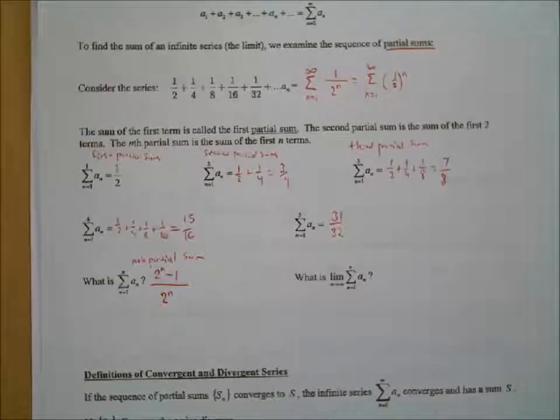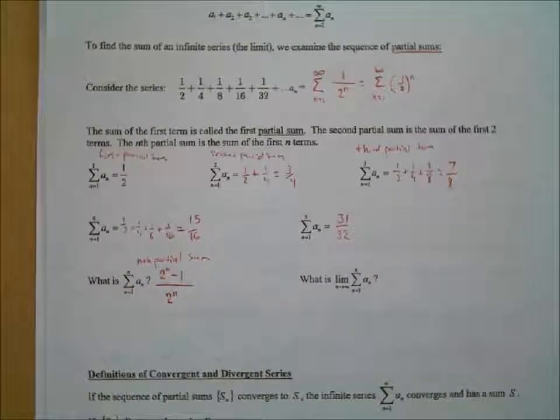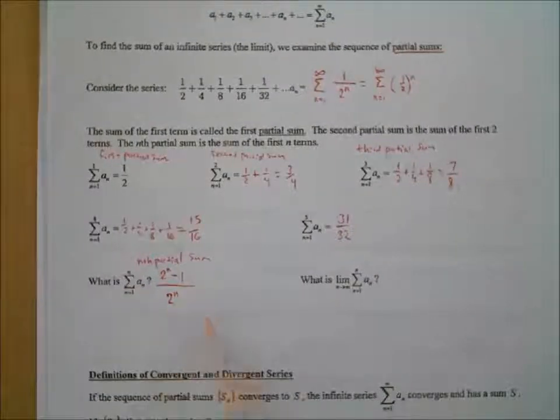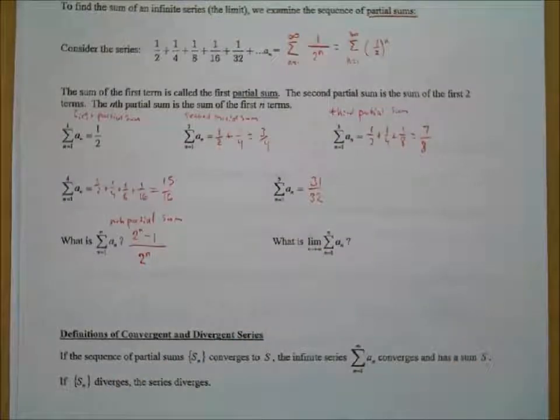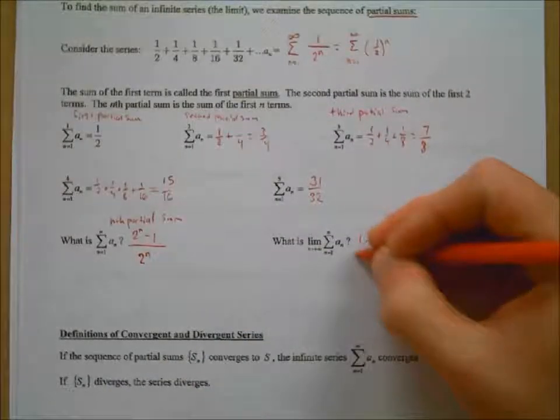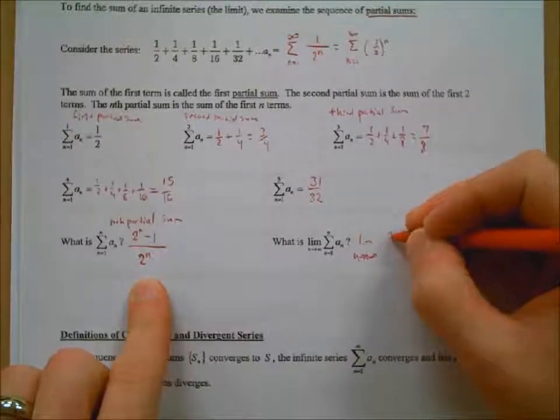So this is almost a sequence in itself, and we have this formula for any of the nth partial sums. But of course, we want to know what happens as we go to infinity. So we're going to figure out the limit as n approaches infinity of this sum, which is merely the limit as n approaches infinity of this nth partial sum formula here.